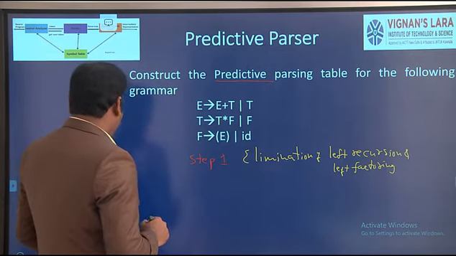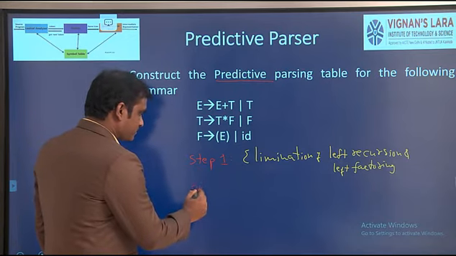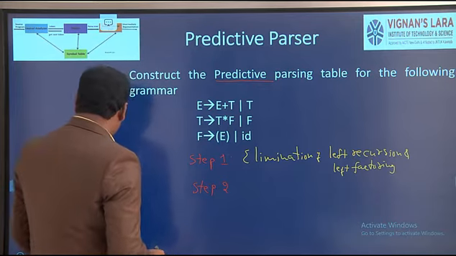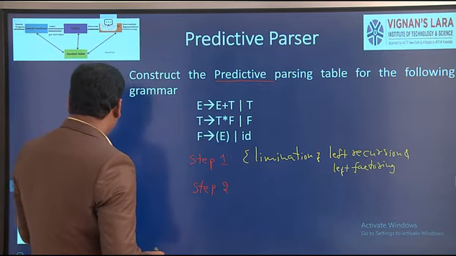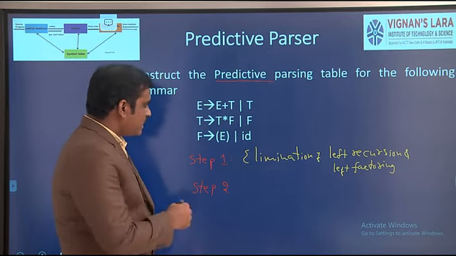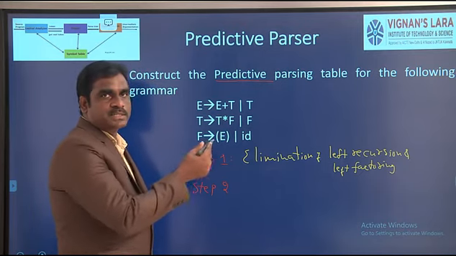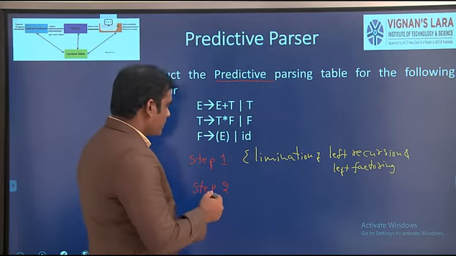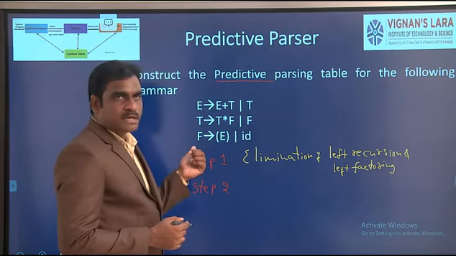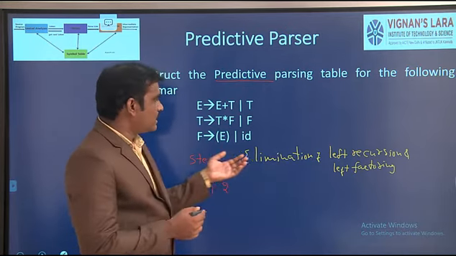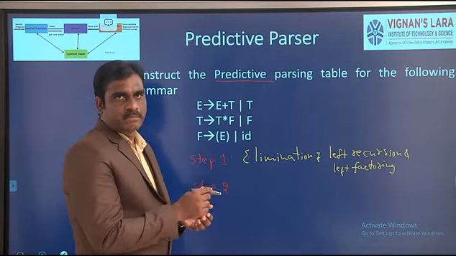And the next one is step two. So in the predictive parser, step two is very important. Based on this step, we have to construct the parsing table. In step two, suppose the given grammar contains left recursion or left factoring, then we have to eliminate it.